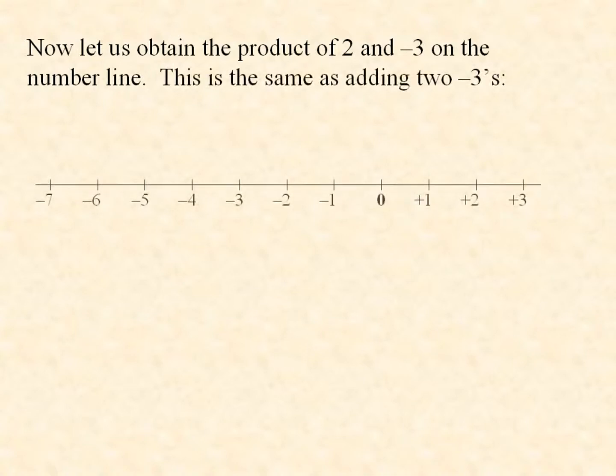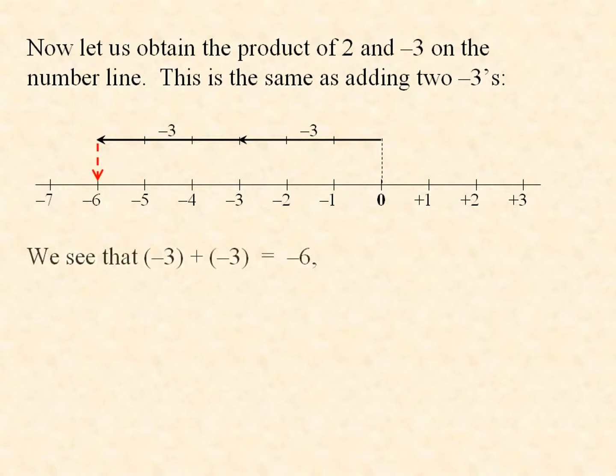This is the same as adding 2 negative 3s. We get negative 6. We see that negative 3 plus negative 3 equals negative 6, so 2 times negative 3 is equal to negative 6.